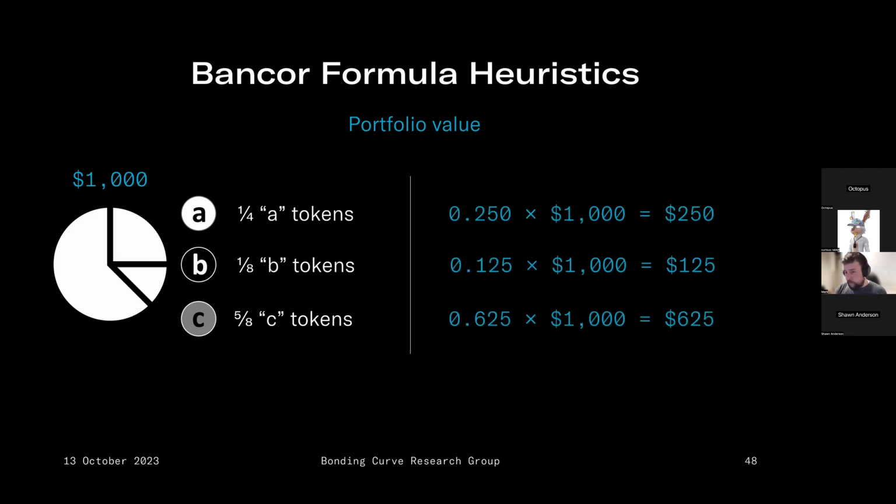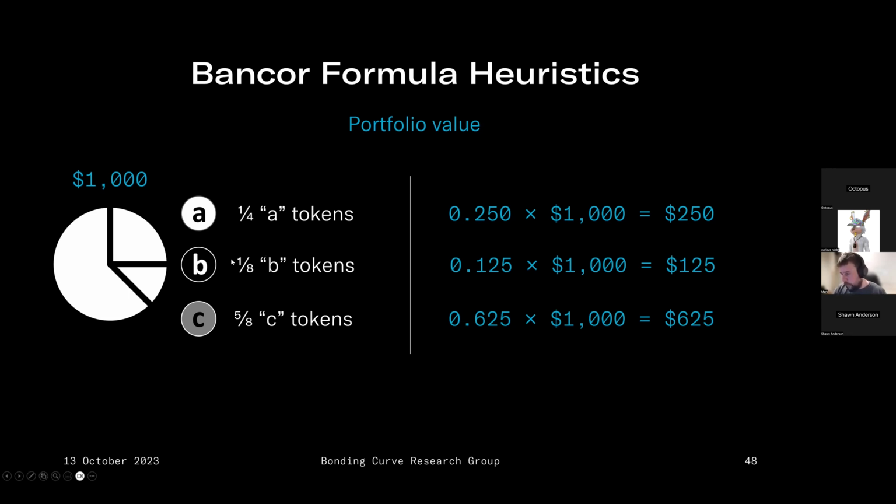So if you know the portfolio is worth $1,000, given that 1/4 of the portfolio is always denoted in A tokens, you know that there's exactly $250 worth of A tokens. Now, this could be 1 A token, 0.1 A tokens, or 1 trillion A tokens. It doesn't matter how many there are. All that matters is they represent 1/4 of the total portfolio value.